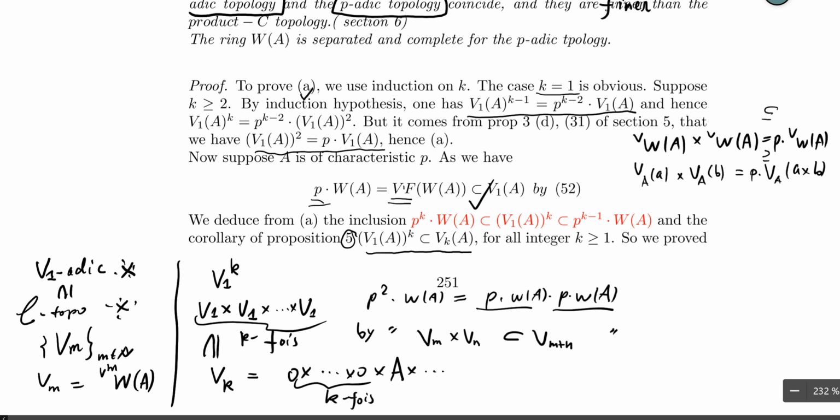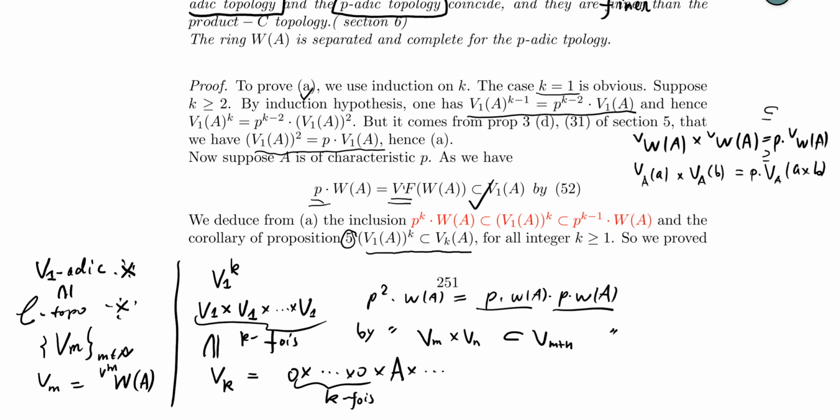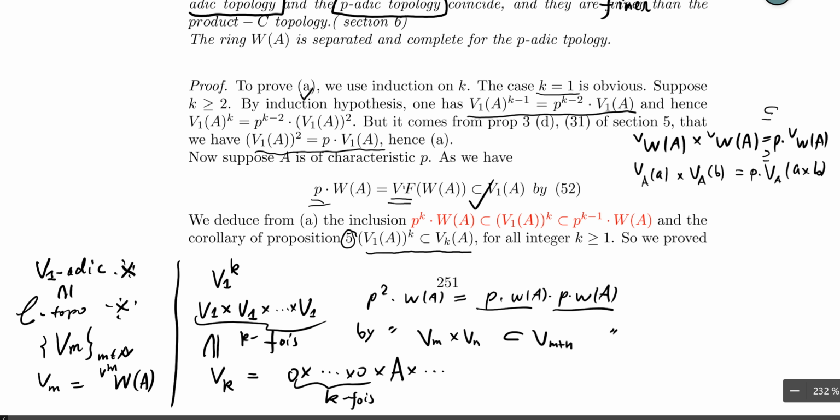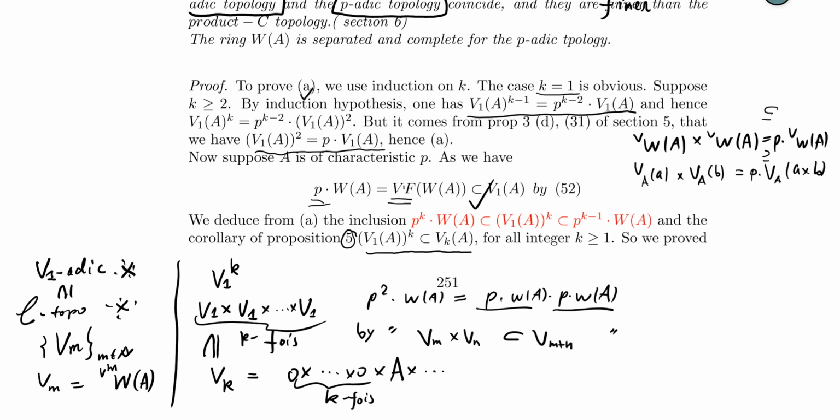Okay, but it is strictly contained. You see? And this condition really tells you the p-adic topology equals the V1-adic topology, but the V1-adic topology is not the standard topology, the C topology.